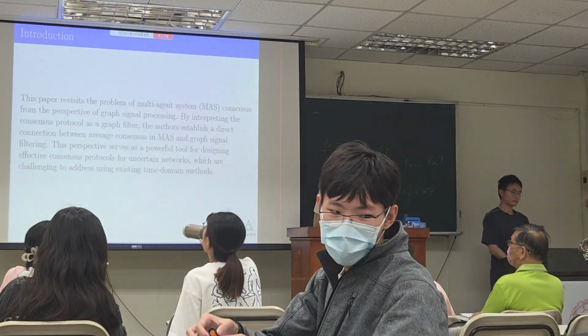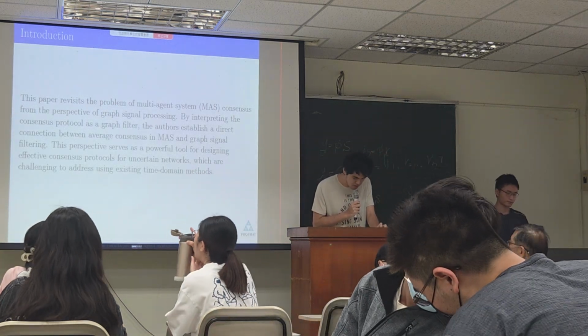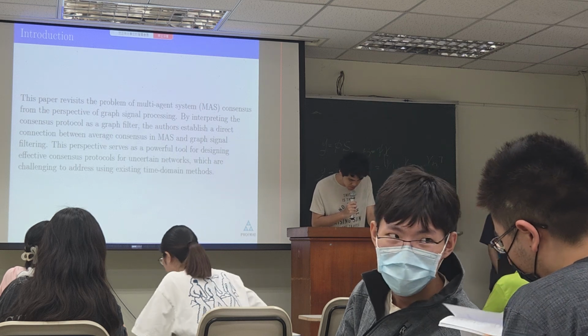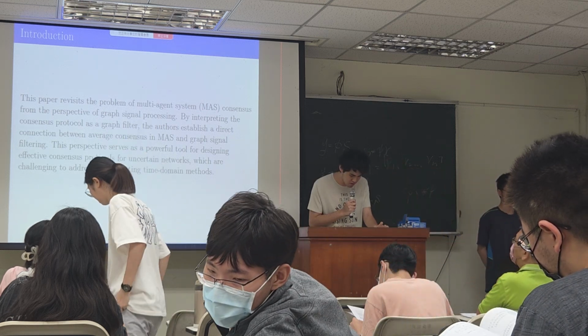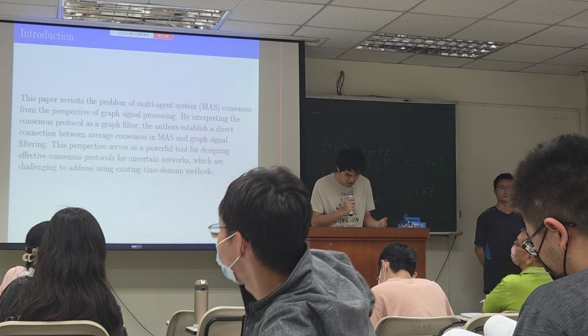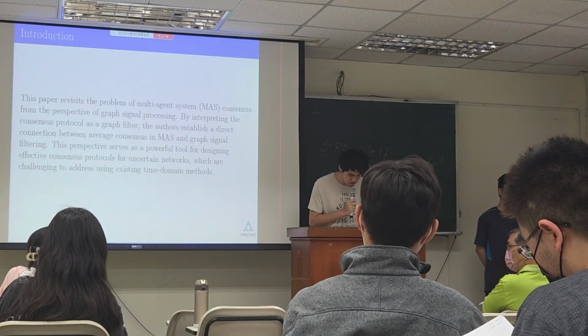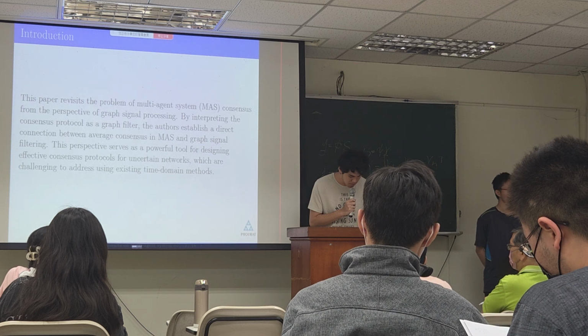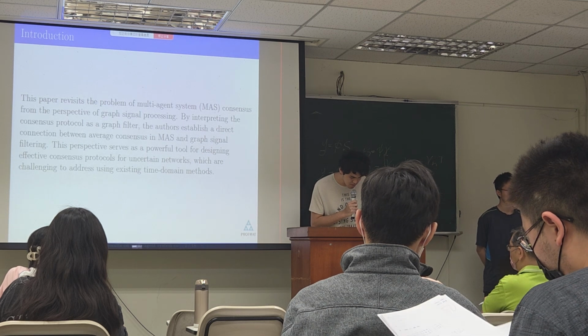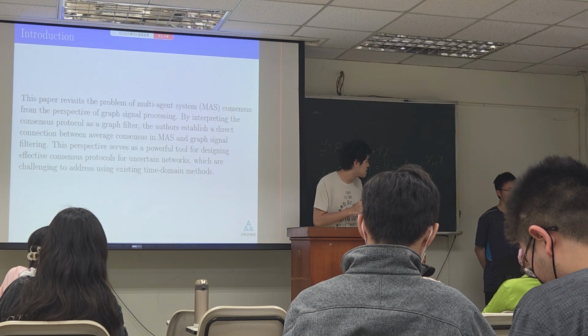We will start from the perspective of graph signal processing. The paper established a direct connection between batch consensus in MAS, a multi-agent system, and the graph signal filter by interpreting the consensus protocol as a graph filter.